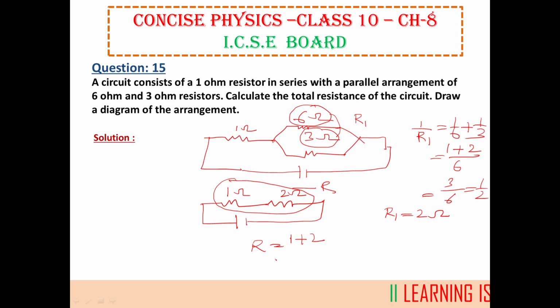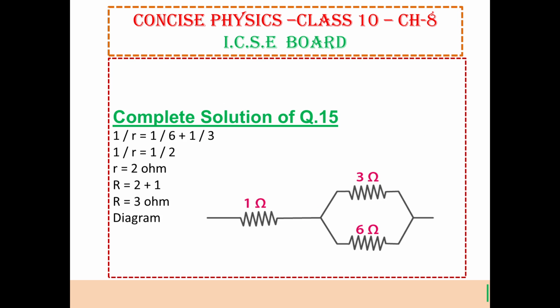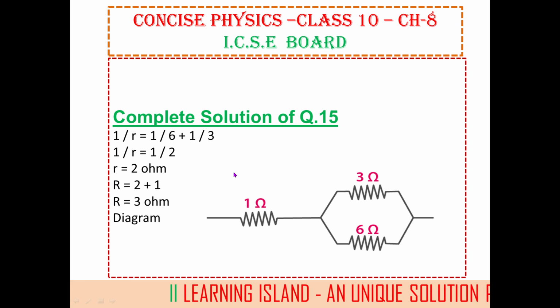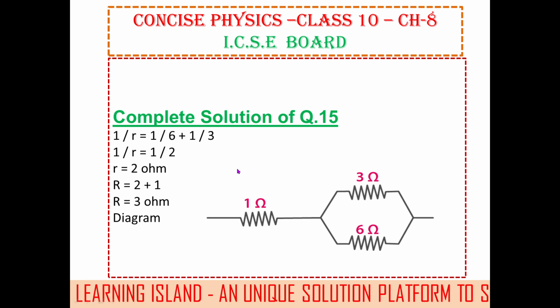We will add it up, 3 ohm. So finally the resistance of this circuit would be 3 ohm. So hope it is clear to you. So this is the final solution you see, and this is the diagram. So hope this is very clear.